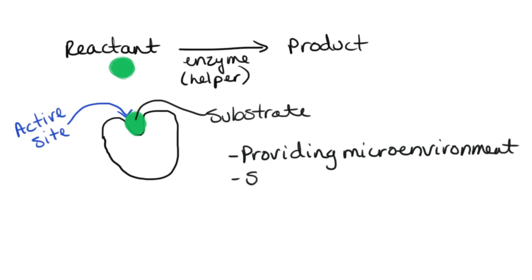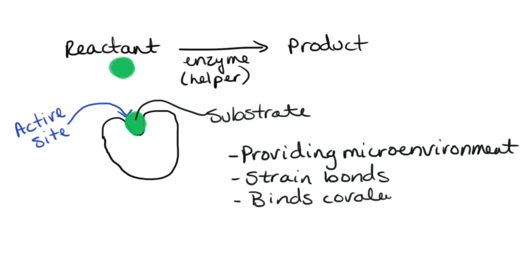The enzyme may be helping to strain some bonds, would be another possibility. In some cases, it actually binds covalently to the substrate. Now, if this is the case, then those bonds do later get broken because we do want to have the enzyme unchanged in all of this.